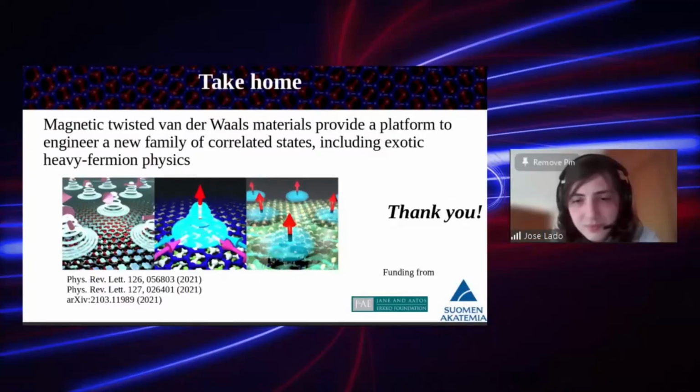Hello. You showed this hybridization between the magnetic moment and the conduction band, and there is a gap. How is it different from a normal band insulator? You are saying this is a Kondo insulator. So what's the difference between a band insulator and a Kondo insulator at half filling? Yes, that's a very good point also.